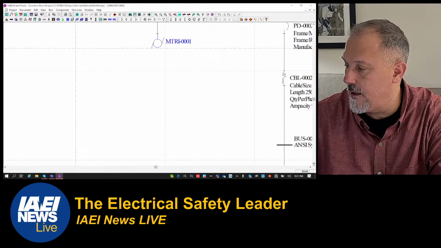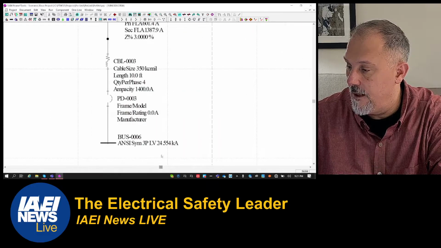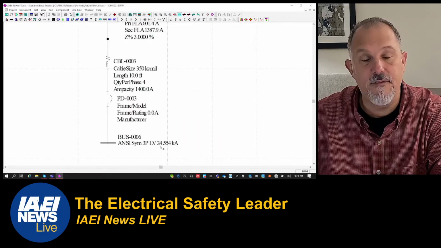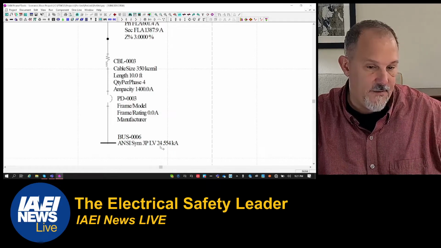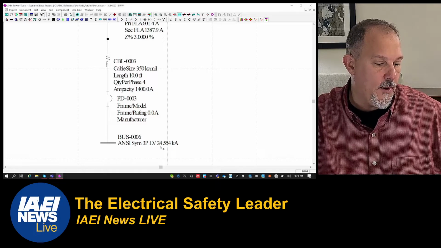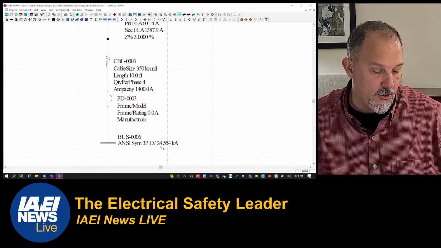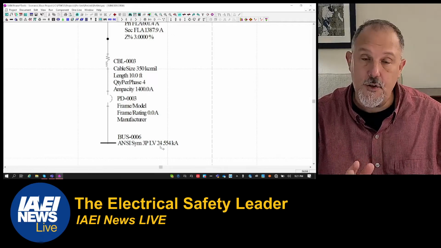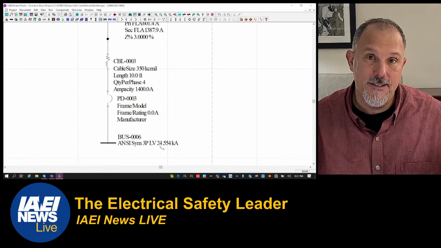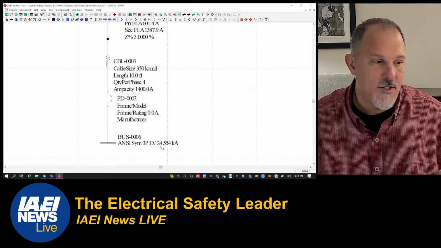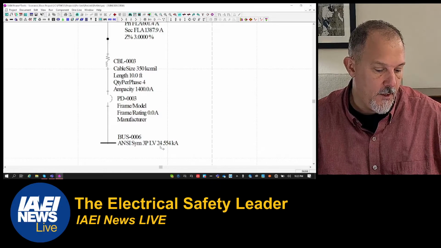And let's take a look at what the fault current is. It's now 24,554. We went from 23 kiloamps, 22.96, with no motor contribution.